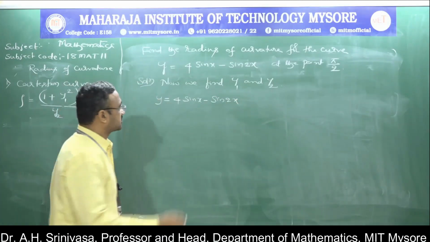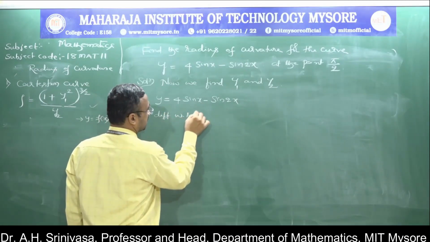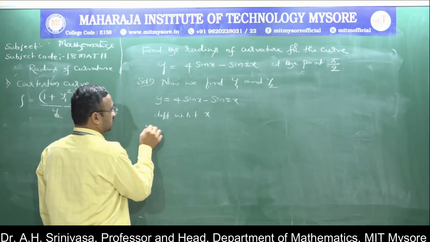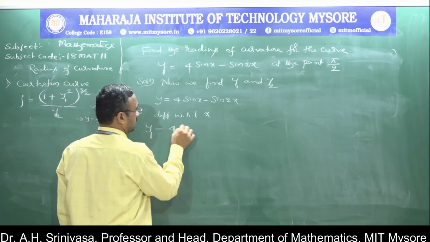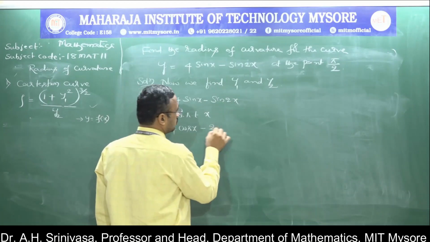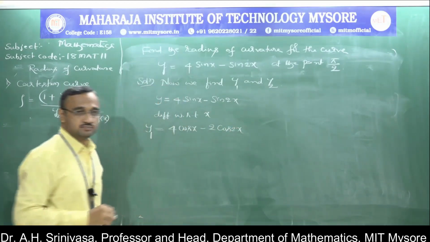Now differentiate this with respect to x. What do we get here? y1 should be equal to 4 times cos x minus 2 times cos 2x.